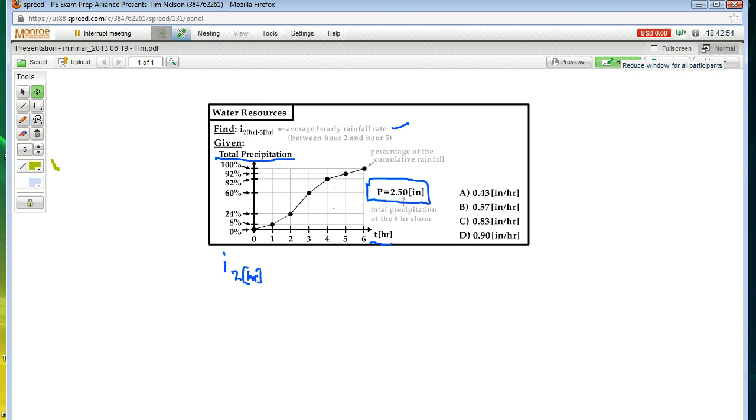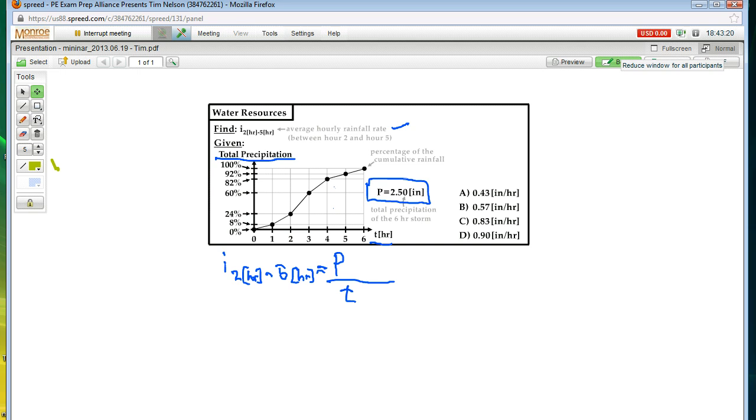So we're solving for I from 2 hours to 5 hours, and that's going to be our precipitation depth divided by the time t.